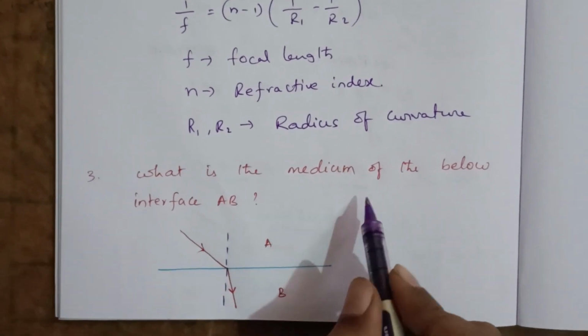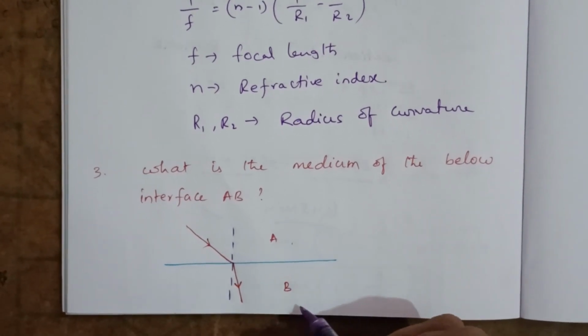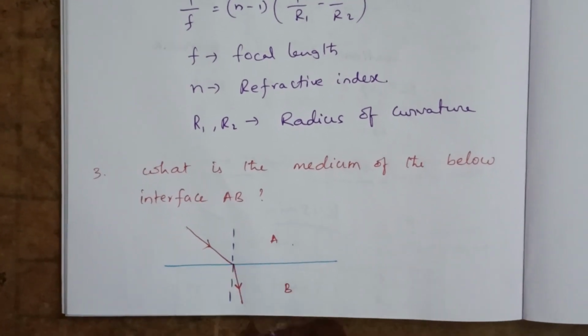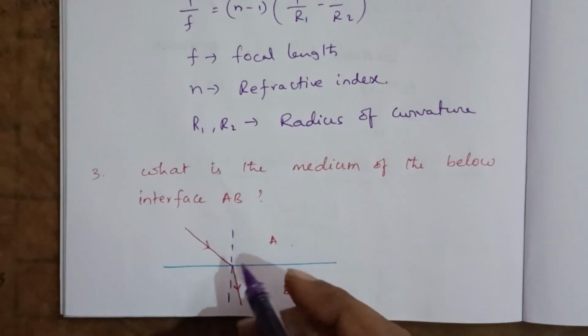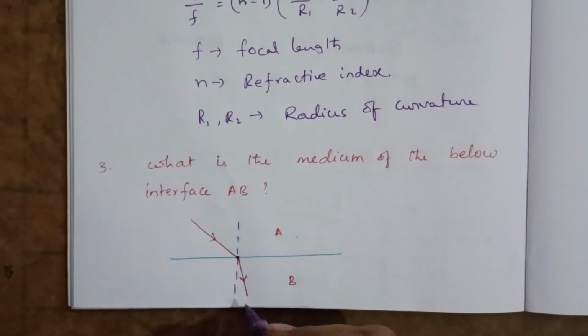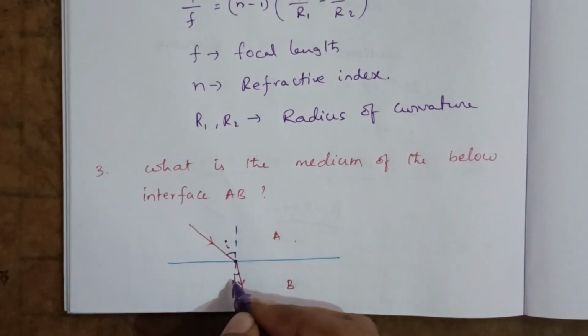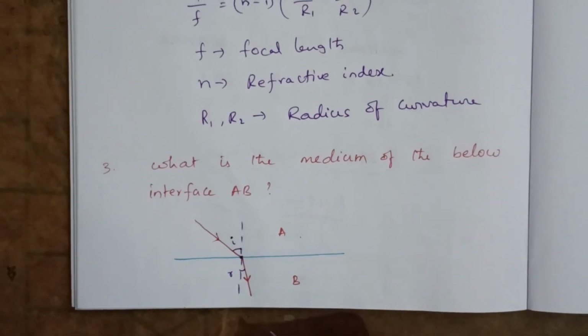Now, what is the medium below the interface AB? Medium of A, medium of B. The light ray is traveling from A to B and at the point of incidence, after refraction, it is bending towards the normal. This is the angle of incidence, this is the angle of refraction, bending towards the normal.